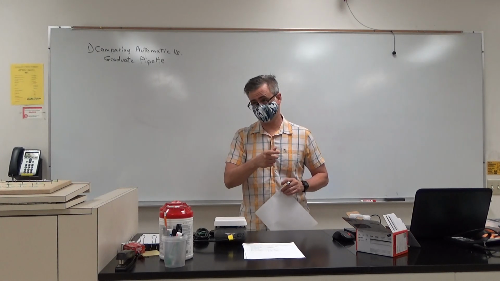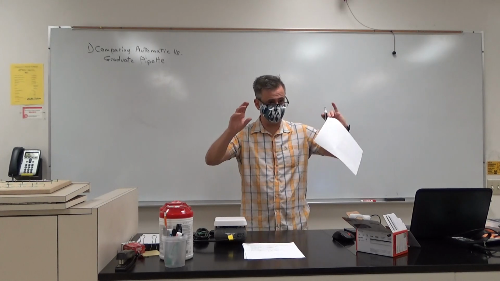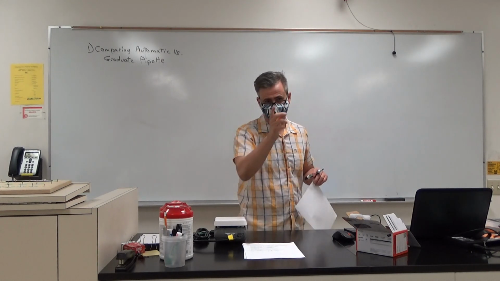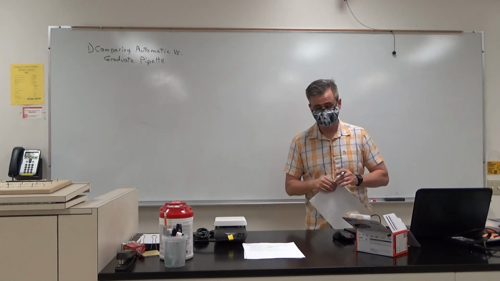Precision is how well you can replicate what you're doing. The example we love to use is a shooting target. Accuracy is how well you hit the bullseye. Precision is how clustered, as the gun people say, your shots are. If your shots are right on top of each other, but totally off the bullseye, that's high precision, low accuracy.